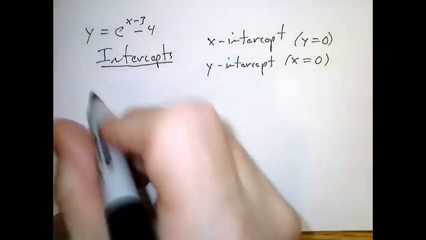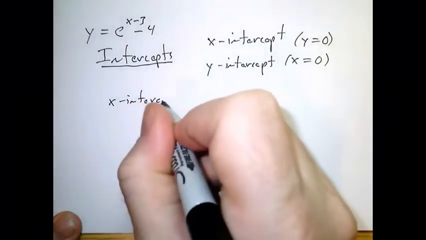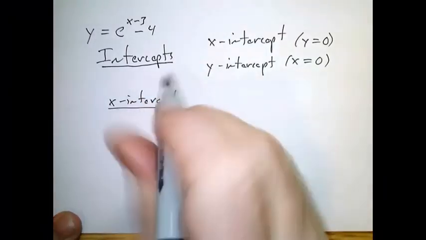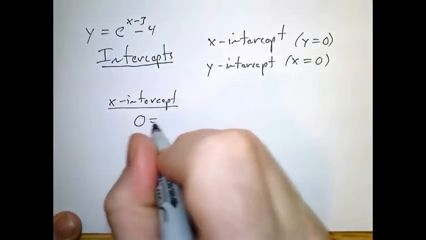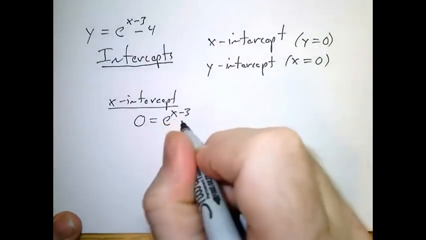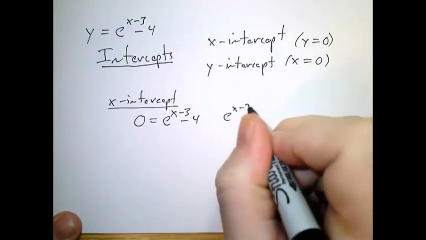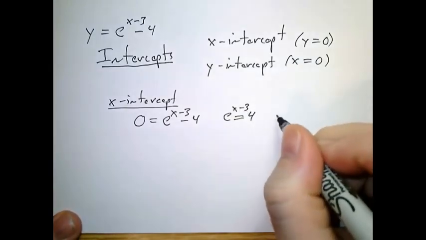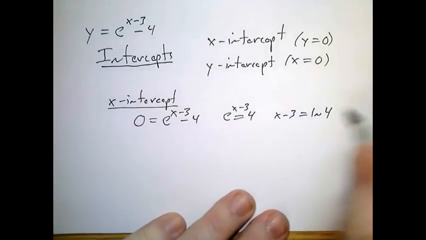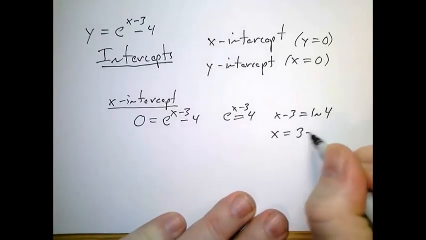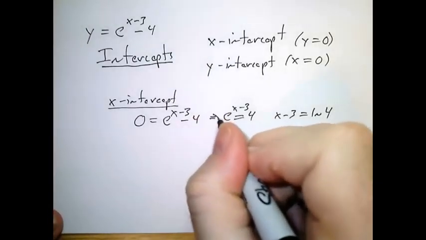So for my x-intercept, I'm going to put y equals 0 in here. I'm going to have 0 equals e to the x minus 3, minus 4. So that means that e to the x minus 3 is 4. So x minus 3 is ln of 4. So I'm finally going to get x is 3 plus ln of 4, right?